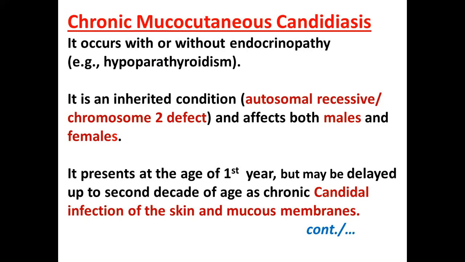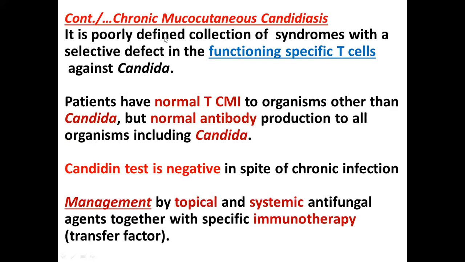It is present in the first year of age, but may be delayed to the second decade. The patient will suffer from candida infection of the skin and the mucous membrane. It is poorly defined. The defect is in the specific T cells against candida. Patients have normal T cell-mediated immunity, normal antibody, normal T cells against all antigens except candida.